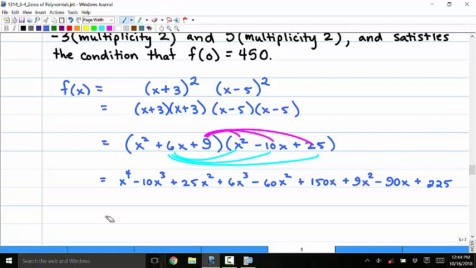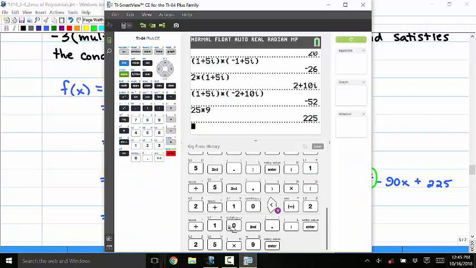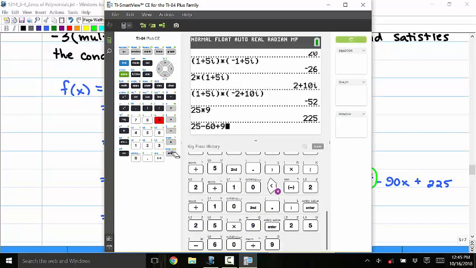Okay, collecting like terms, I have x to the 4th minus 4x cubed, and then 25 minus 60 plus 9.